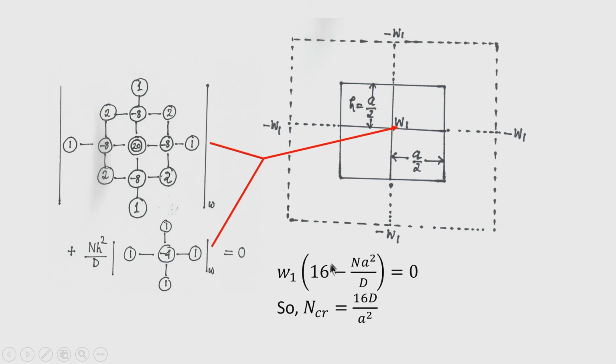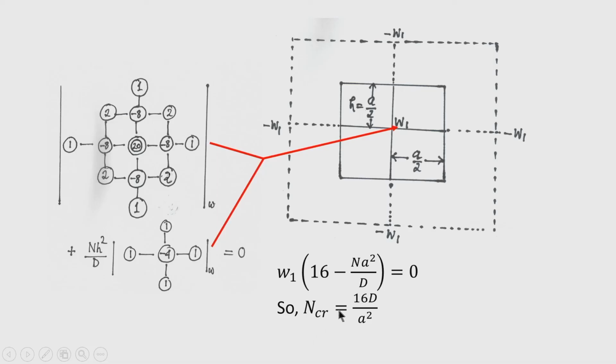So, for a non-trivial solution, this quantity inside the bracket should be 0. So, the critical load for this plate is now 16 D by a square. So, by the first approximation, that is by dividing the plate into two divisions, we now get this value: the critical load of the plate is given by 16 D by a square.